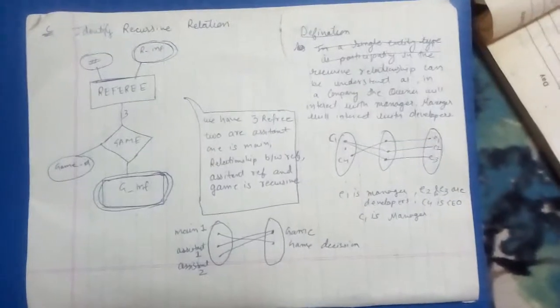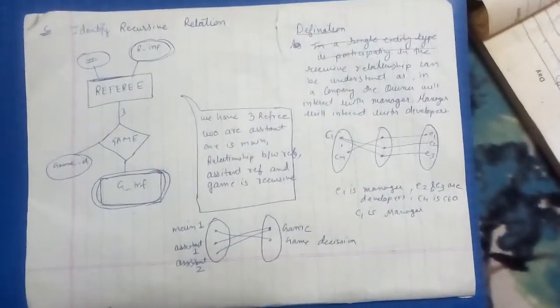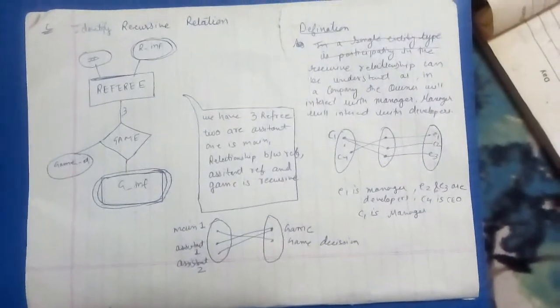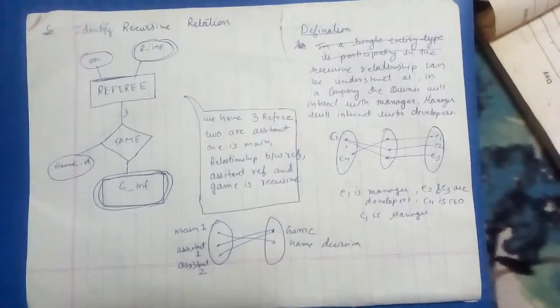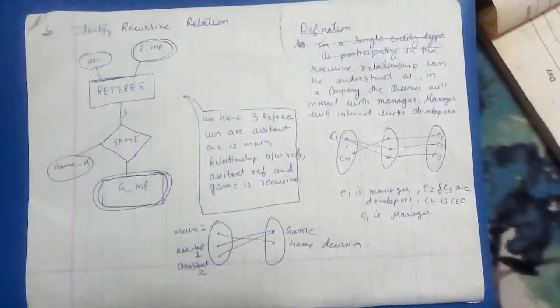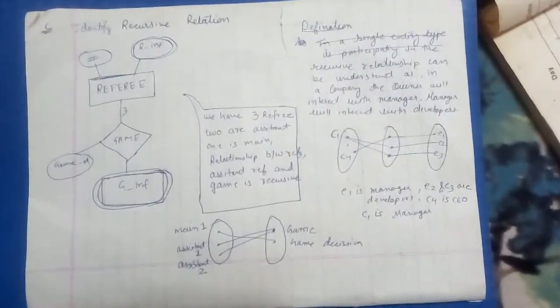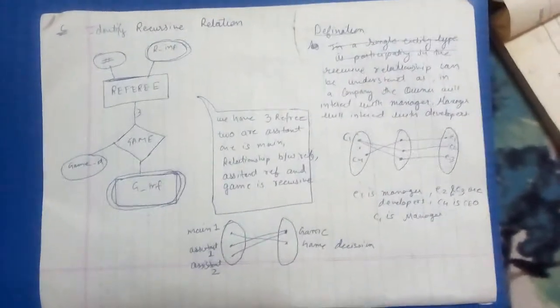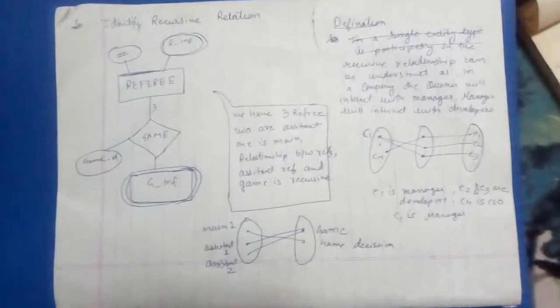Recursive relation can be understood as in a company, the owner interacts with the manager and the manager interacts with developers. I already discussed this when we were discussing the lessons. If you want me to discuss it again, please message me and I will do it again for you.